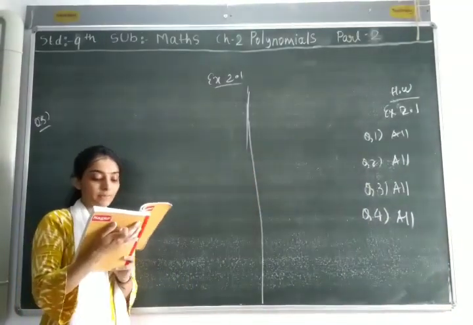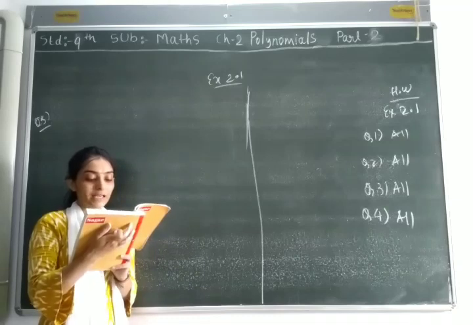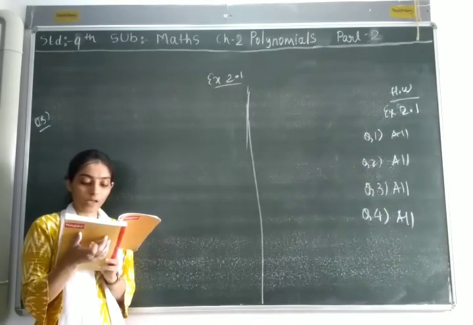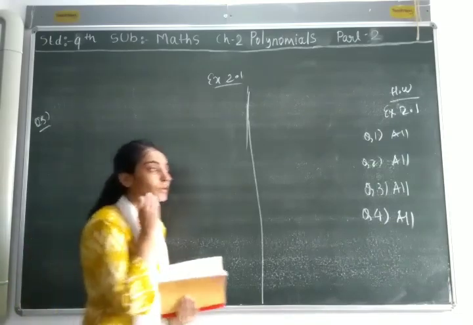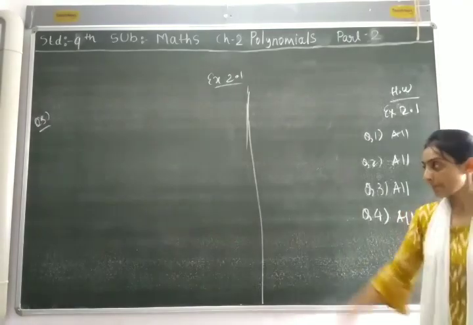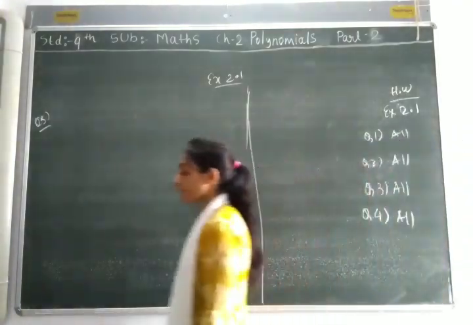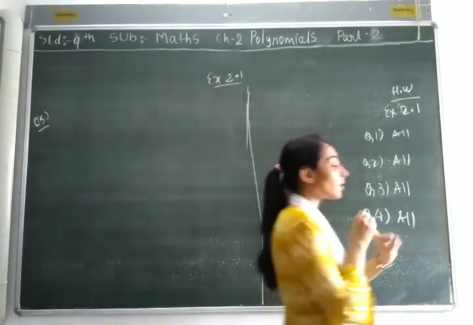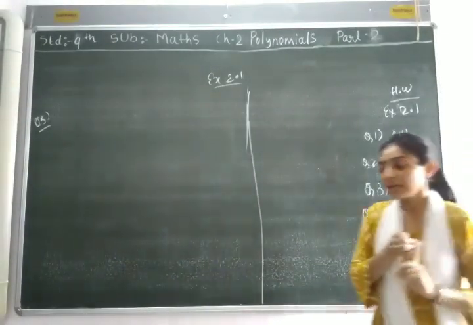Now, classify the following as linear, quadratic and cubic. See, linear means the degree should be 1. We do not talk about terms.